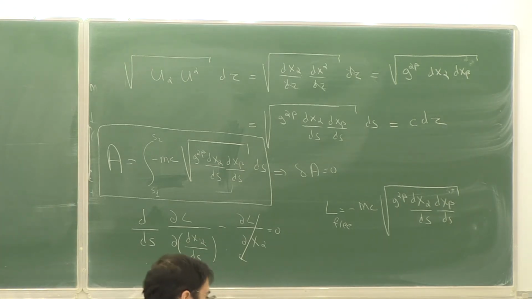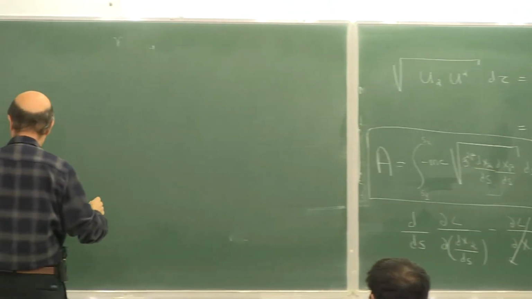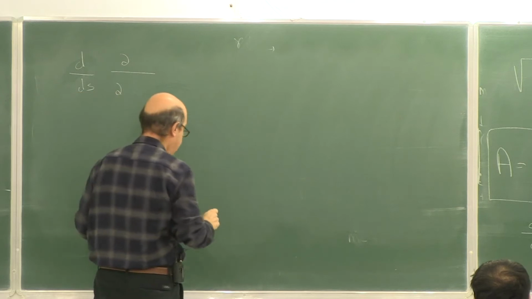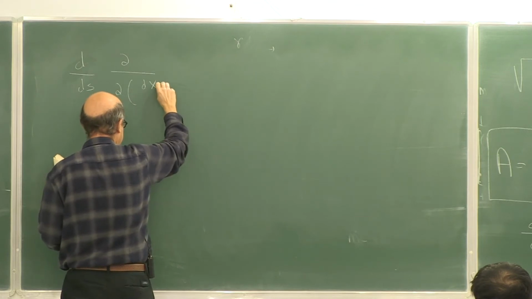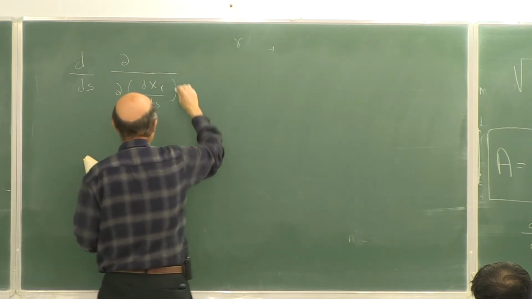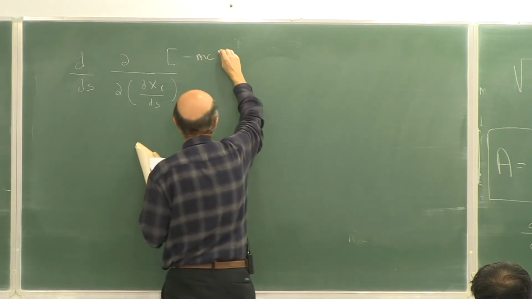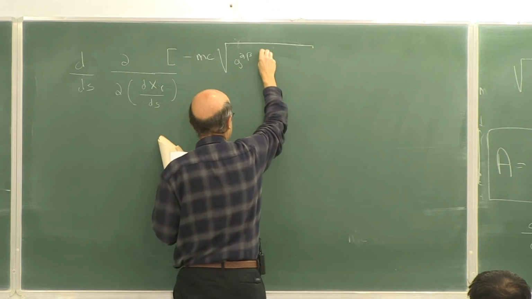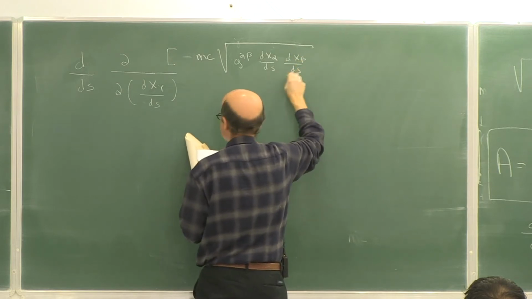So let us try to calculate d over ds of del over del dx gamma over ds of our Lagrangian, using gamma instead of alpha as a different index. The Lagrangian is minus mc times the square root of g alpha beta dx alpha over ds dx beta over ds.